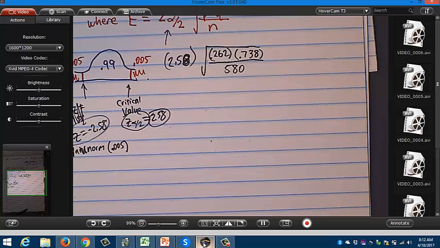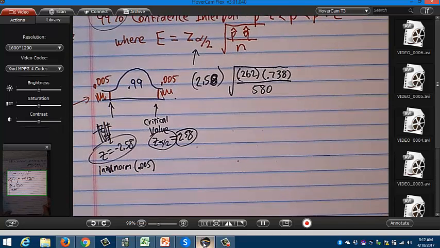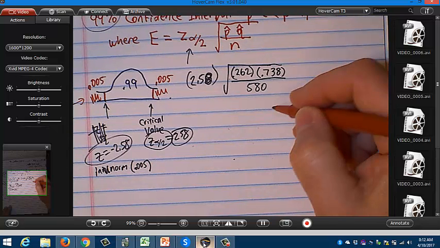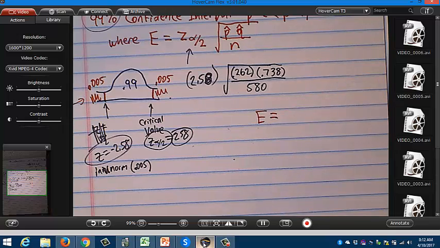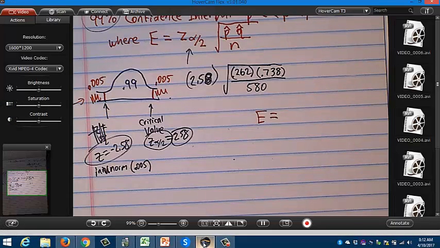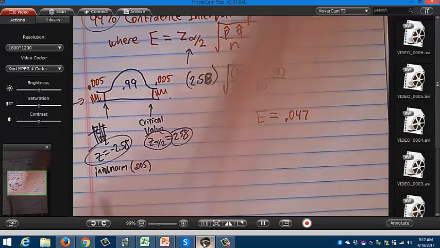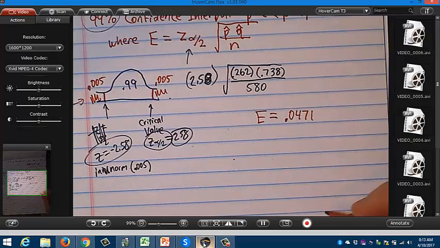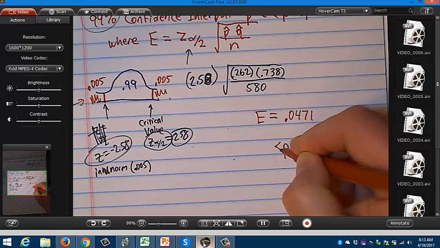Back here, we just computed E. And what we got was that the new value of E is 0.0471. Now, the question is, what will be the new confidence interval?